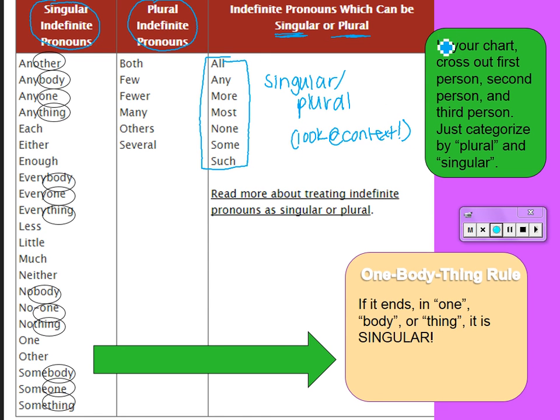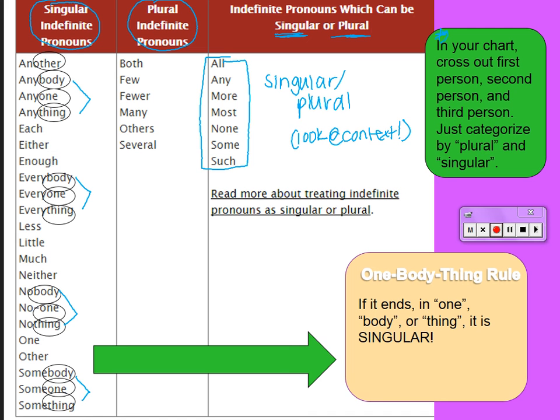Okay, so going back to the one body thing rule. If the pronoun ends in one, body, or thing, each one of these is singular: body is singular, one is singular, thing is singular. If it ends in one, body, or thing, that indefinite pronoun is singular, which I know sometimes is hard to think about because when you look at the word everybody, you think, oh, everybody, that's talking about more than one person, that means it's plural.